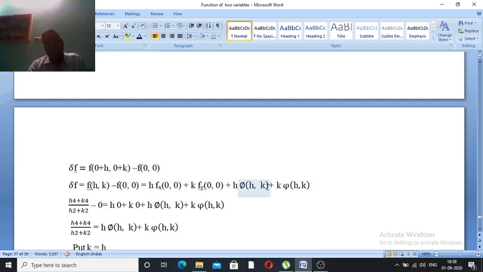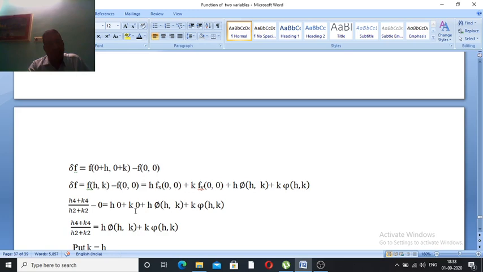This is by using the sufficient condition of differentiability. f(h,k) is (h raised to 4 plus k raised to 4) upon (h square plus k square). f(0,0) is 0, and the first order partial derivative with respect to x at origin is 0, and with respect to y at origin is 0.